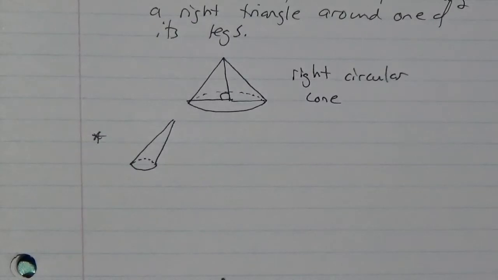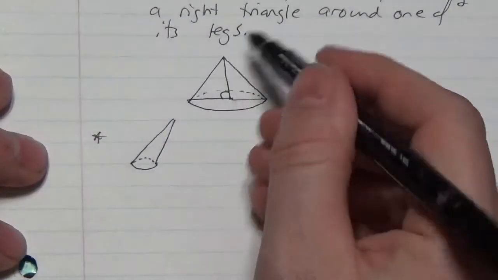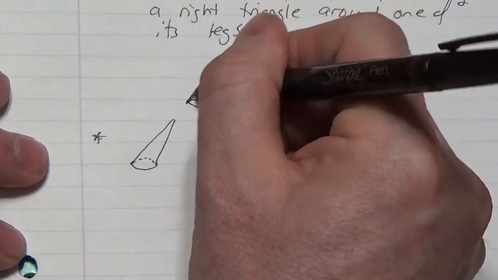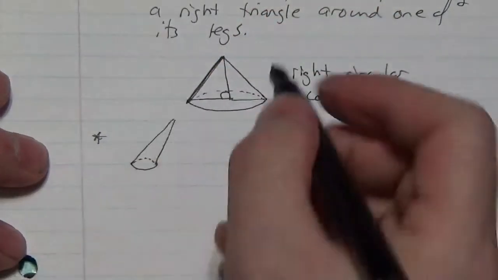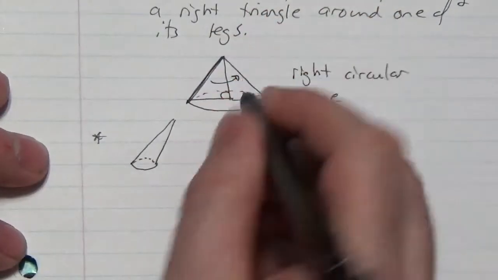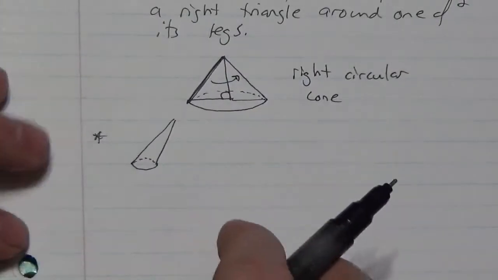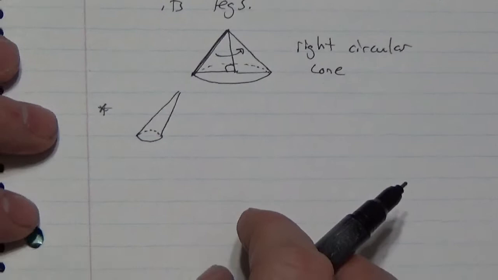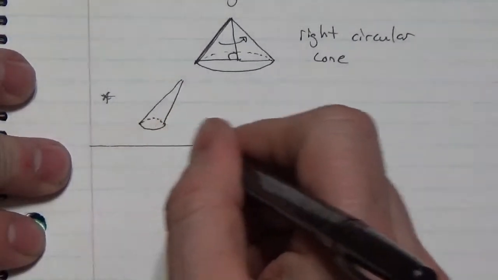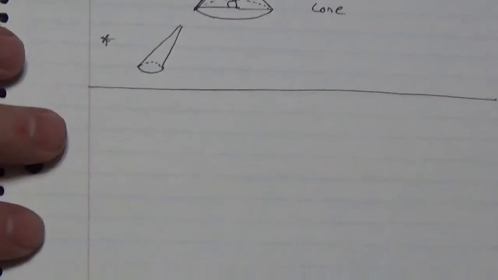Now, when I do that, really what I'm doing is I'm taking this part of the cone right now, and I'm swinging it around that leg. So people a long time ago got thinking, well, what if I do that slightly differently?